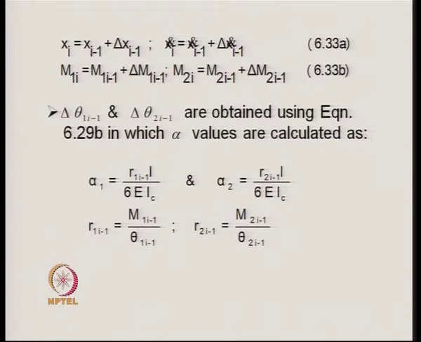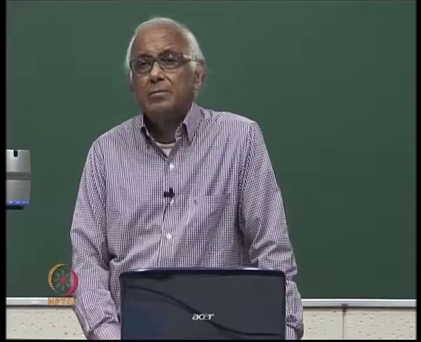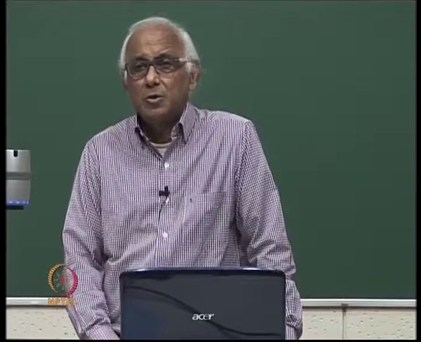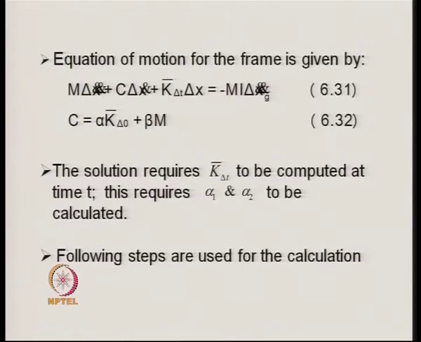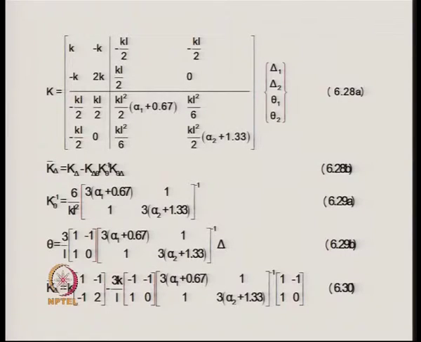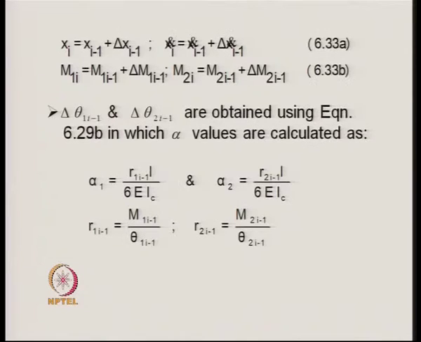These incremental rotations are obtained using the previous equation, in which alpha values are calculated as the following, and equation 6.29 is nothing but this equation, that is the equation which relates theta and delta, and there alpha 1 and alpha 2, both the things are required.